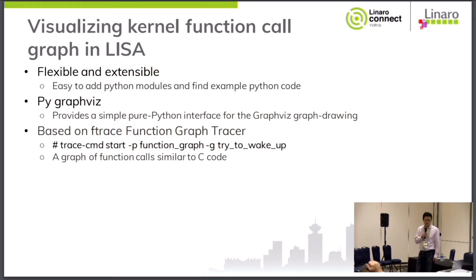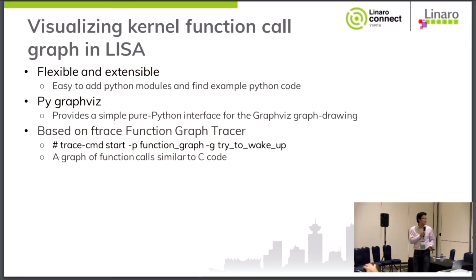Then we get the function trace based on the ftrace function graph tracer. We use a simple one-line trace command. For example, if we want to get the try to wake up function call graph, we just use this simple command line.